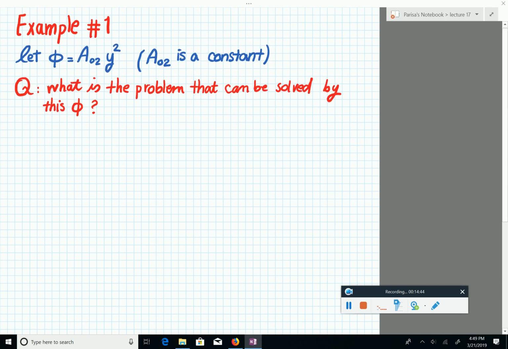So to answer this question, we have to take a few steps. In general, step number 1 is to check that this is actually indeed a solution to biharmonic equation, right? So the first question you have to ask yourself is, is it or not? Otherwise, this is just a phi.